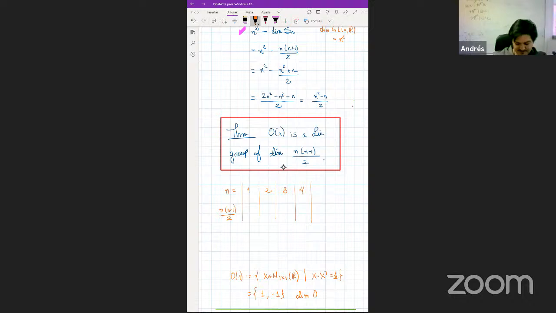Okay, so again, what are the values? 0, 1, 3, 6.